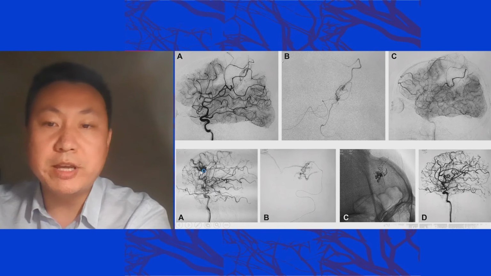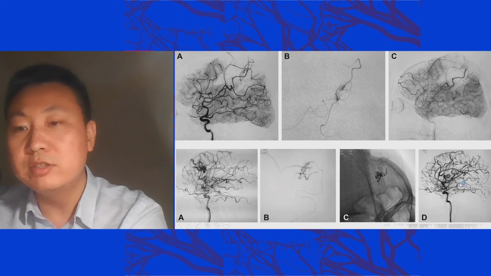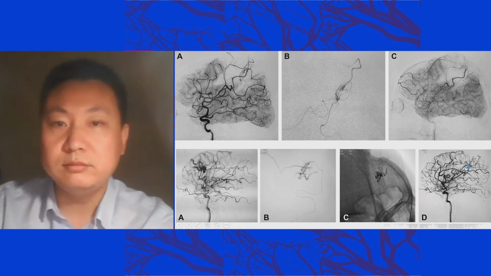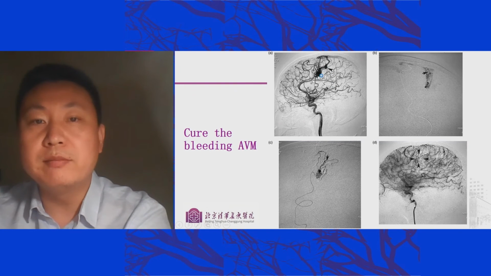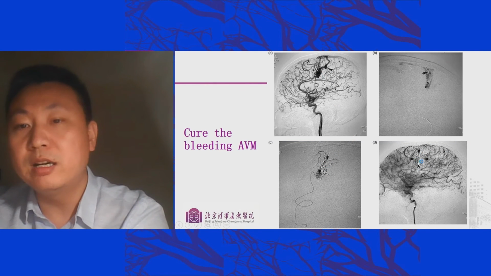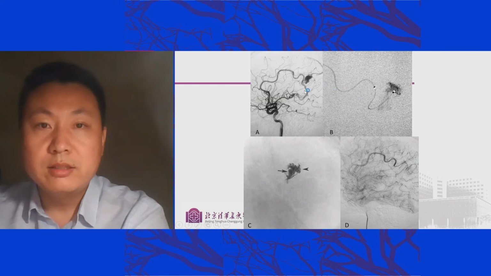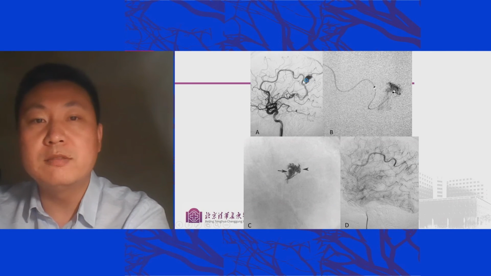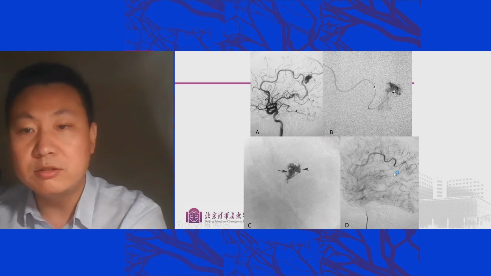This is another AVM after surgery, also completely occluded with Onyx. This is a frontal AVM with complete Onyx embolization. This is a small AVM of the anterior cerebral artery, completely occluded with Onyx.